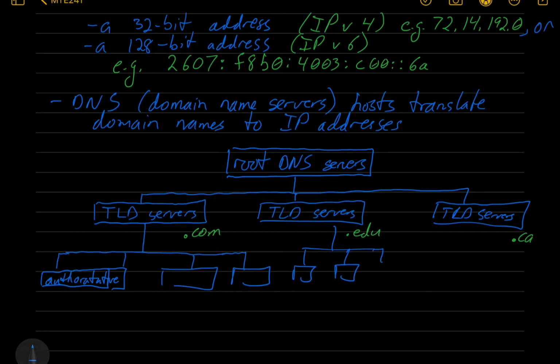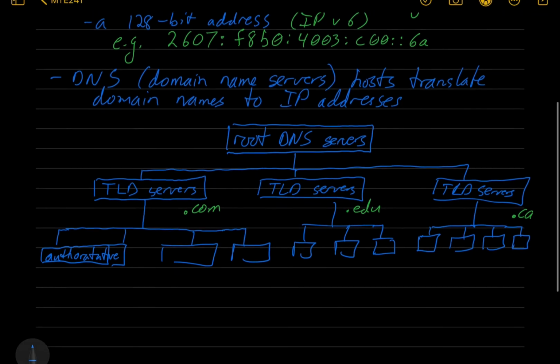So every institution, whether it's a business, government, university, etc., if they have publicly accessible computers on the internet, they have to maintain an authoritative DNS server or delegate it to someone else that can do that for them. So yeah, it's actually an example of a very large distributed database.